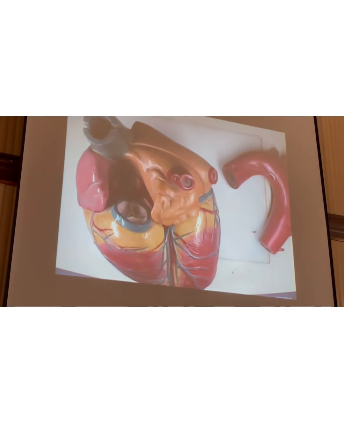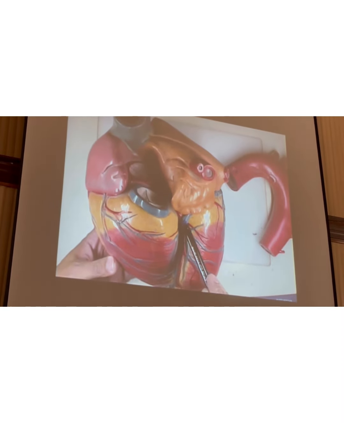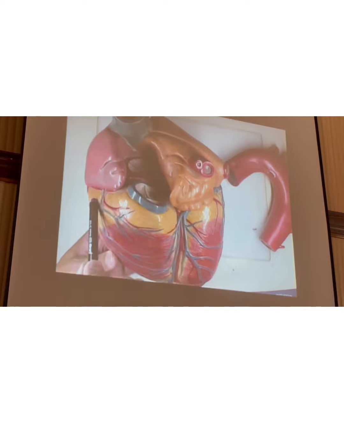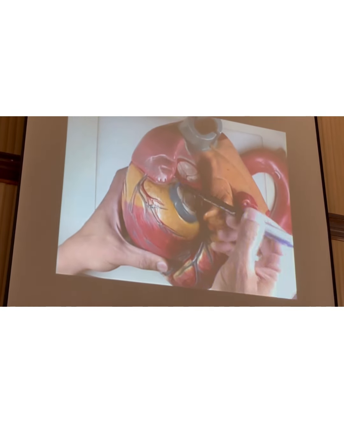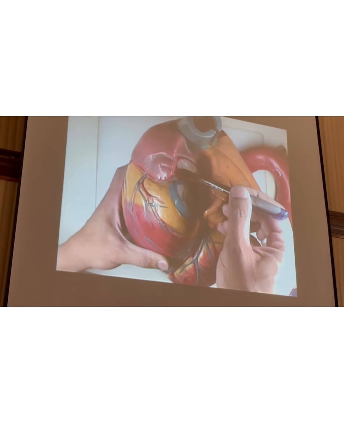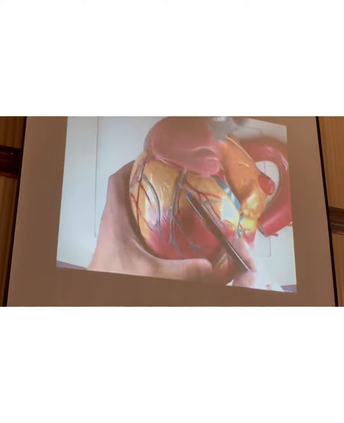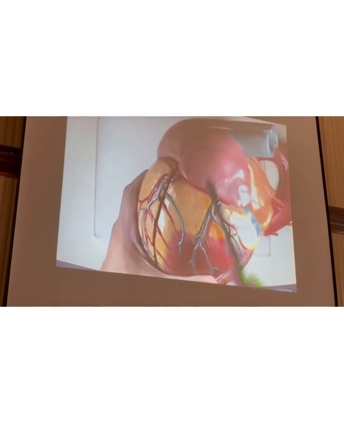Heart. The arterial supply of the heart comes from the coronary arteries. Clear? We have right and left coronary arteries. We mentioned that the right coronary artery arises from the right aortic sinus. It runs in the groove between the atrium and the ventricle.